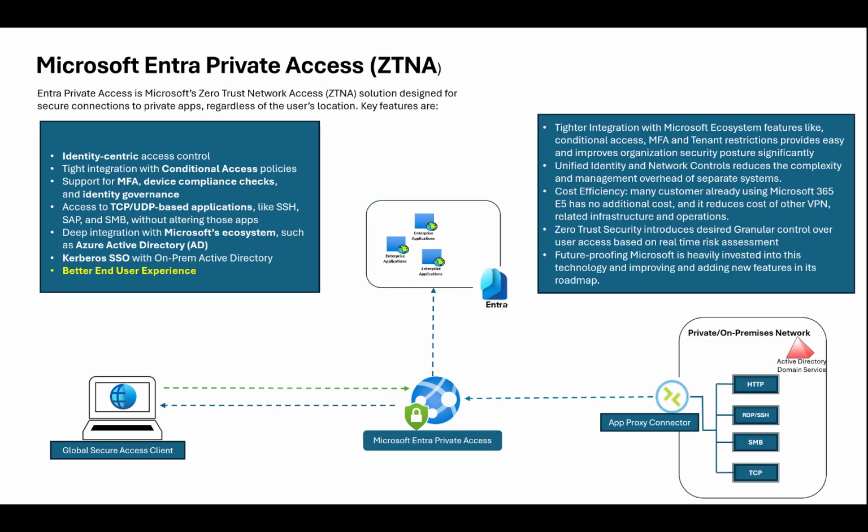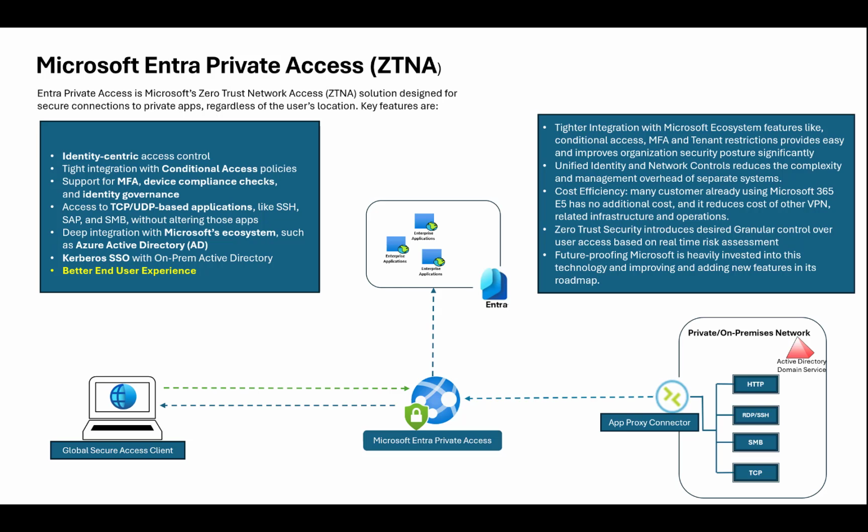We'll see that, right? So precisely what we are addressing here is an identity centric access control solution, and as I mentioned more specifically, an identity centric network access solution for your remote users.